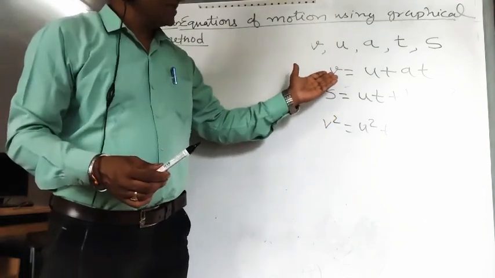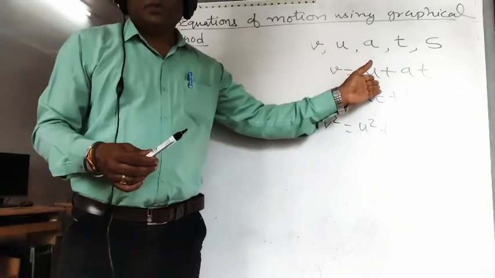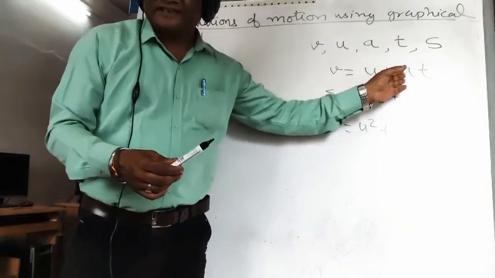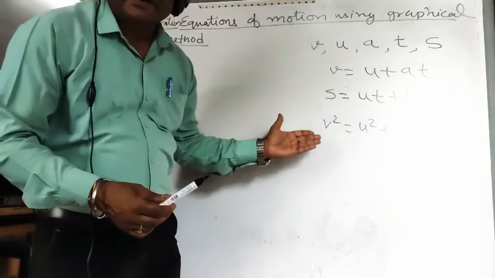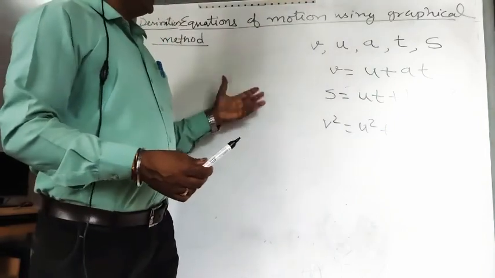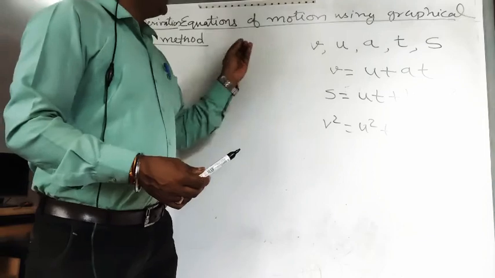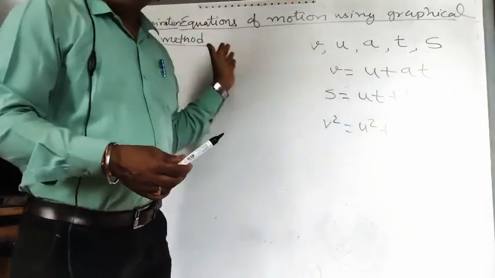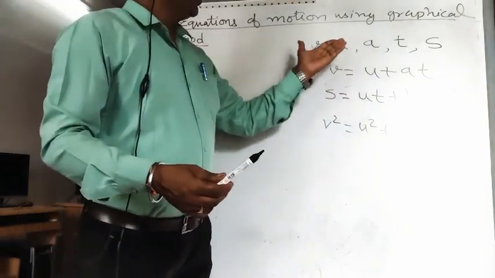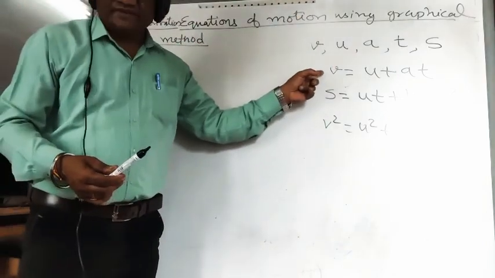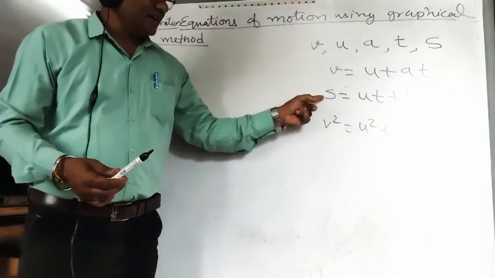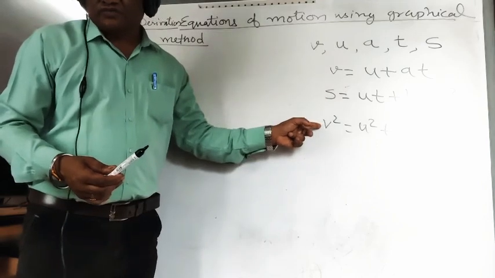V stands for final velocity, u for initial velocity, a is acceleration, t is time taken, s is distance traveled. The equations of motion are basically the equations between these variables. This is called the first equation of motion, v = u + at, then the second and third equations of motion, and so on.